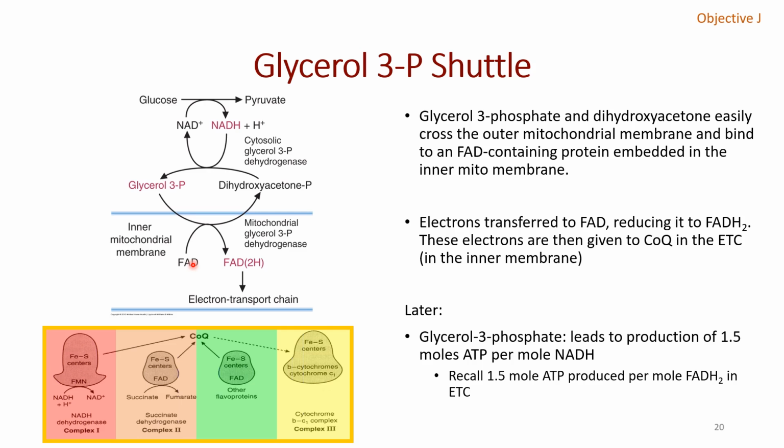And the FAD is oxidized. When the glycerol 3-phosphate comes down, they bind together, the electrons come off of glycerol 3-phosphate and they go on to FAD, and that produces FADH2, which is the reduced form. And those electrons now are sitting in the electron transport chain, and it will give those electrons off to the chain. And we'll talk about that coming up in a couple more lectures here.